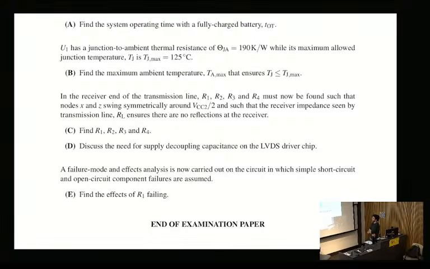The first condition is that it must swing symmetrically. The second condition is that it must be around that particular value. The third condition is that there must be no reflections at the receiver. Okay, so three conditions. Let's go through those.